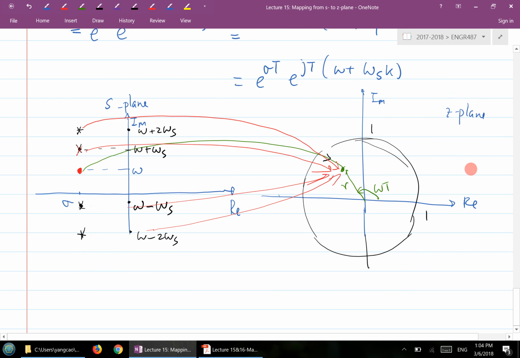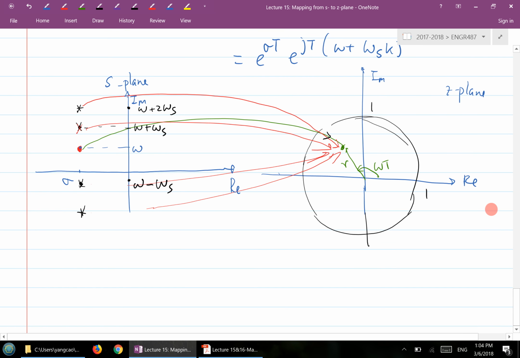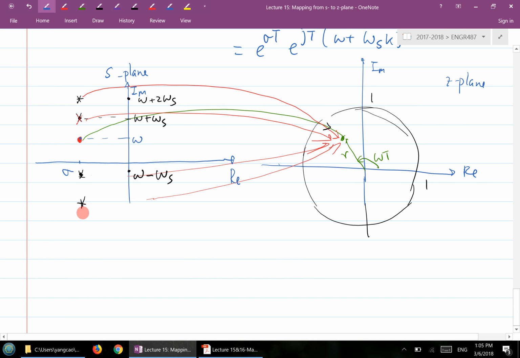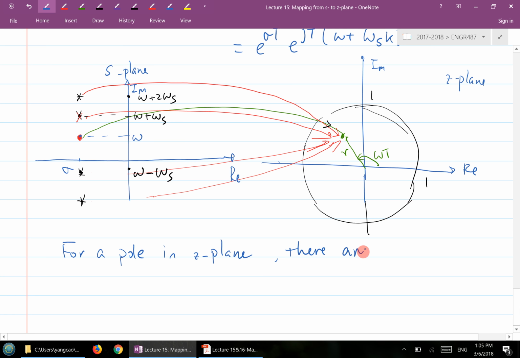So what this basically means is, if you are given a pole in the Z plane right here, it literally means there are an infinite number of poles in the S plane that map to it.